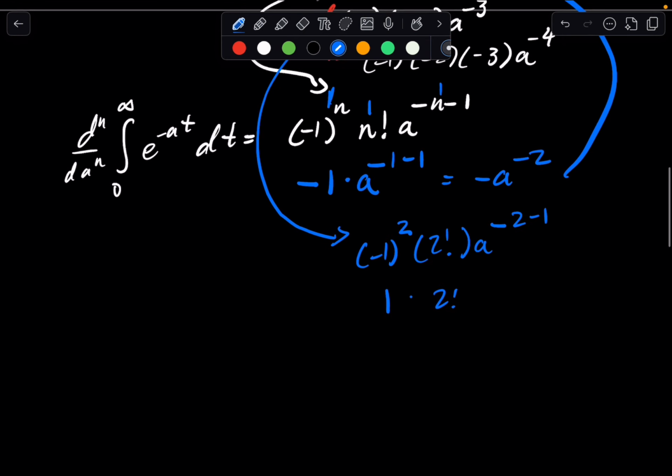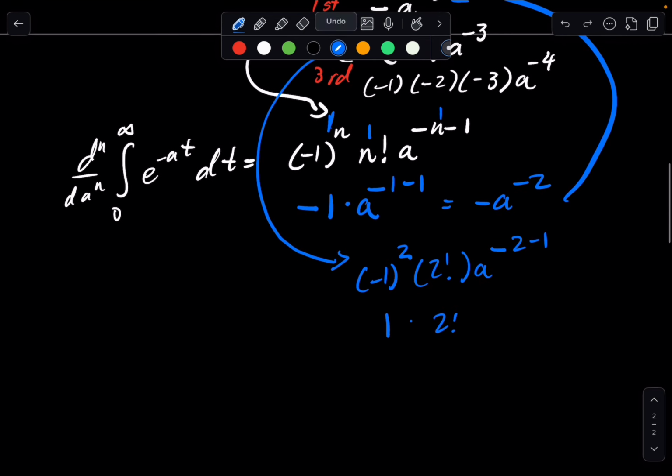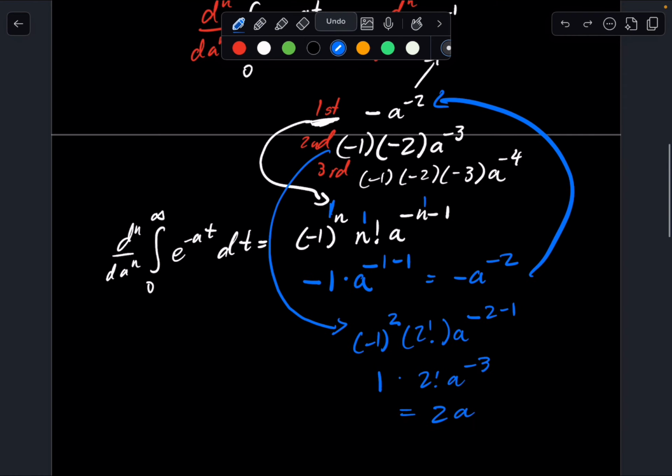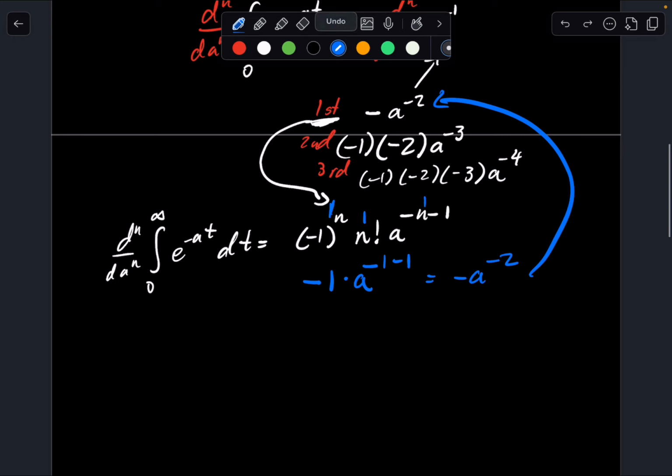And now if you notice, we have 1 times 2 factorial times a to the negative 3, which simplifies down to 2a to the negative 3. Absolutely beautiful. And yep, that's exactly what our second derivative is. So yes, this formula does work, and it makes sense too. Negative alternates, we get the n factorial pattern, and then we just take a to the negative derivative we're taking, subtract 1 because of power rule.